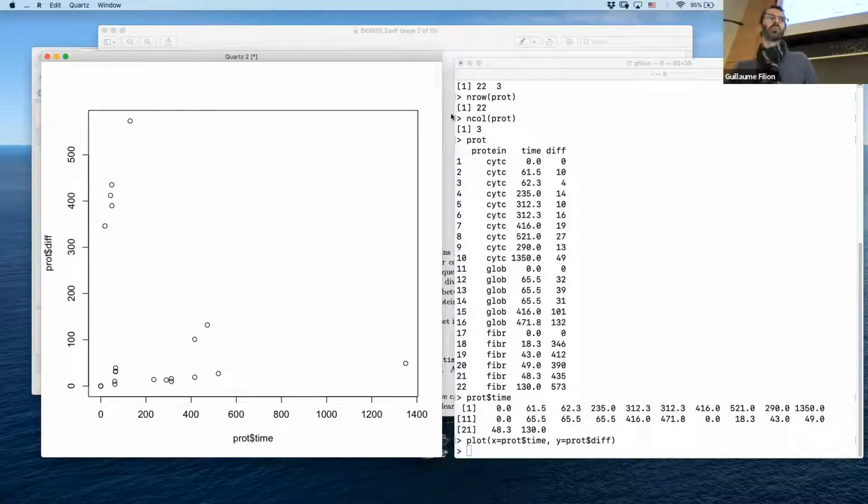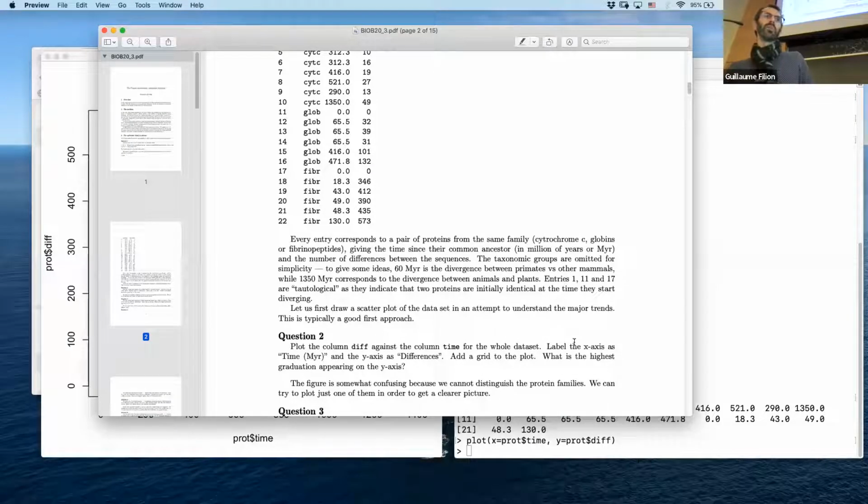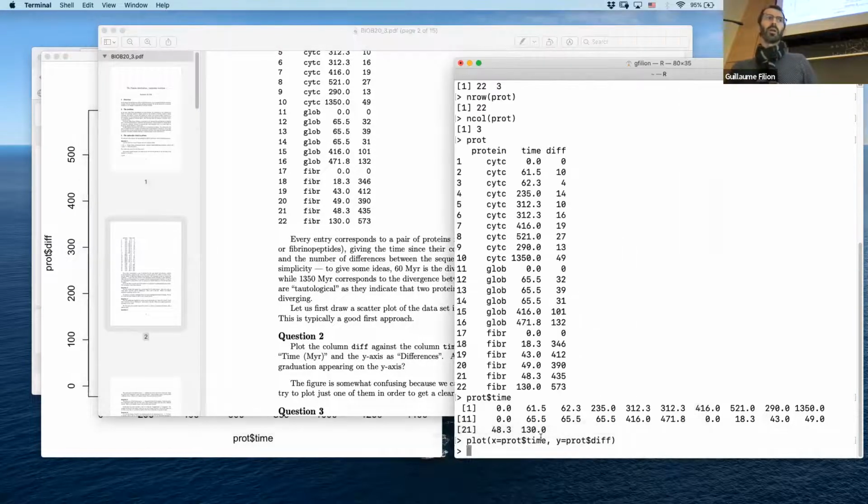So that's why the question continues with the aesthetics. Label the x-axis as time, mir, and the y-axis as differences. Does anyone remember how I have to change the code here to say that I want to label the axis in one way? Go ahead.